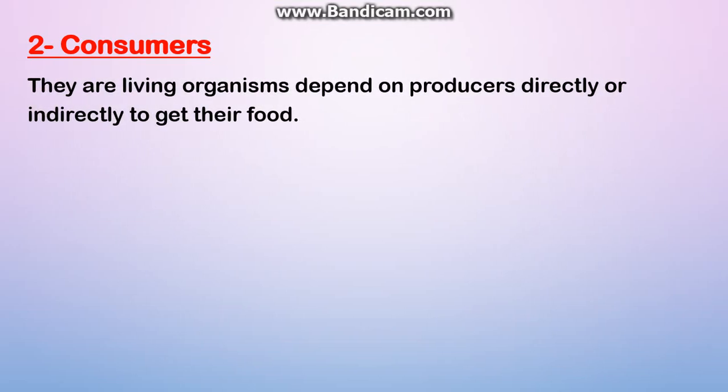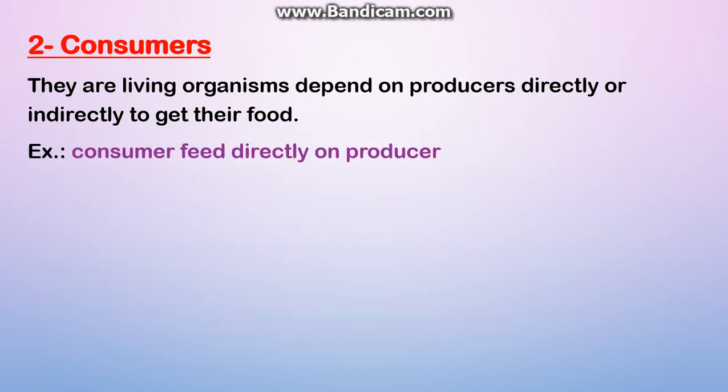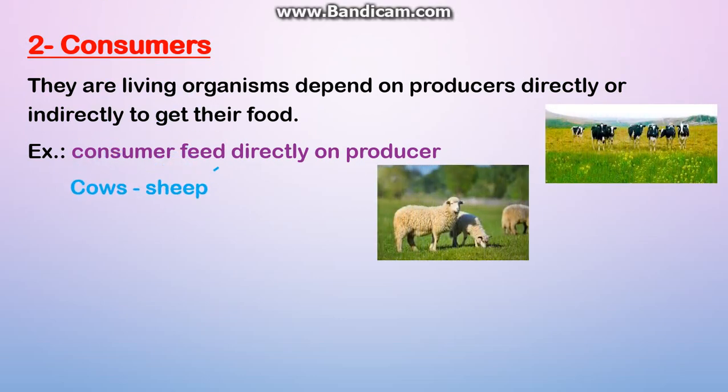Let's move to the consumers. Consumers are living organisms that depend on producers, directly or indirectly, to get their food. For example, consumers feed directly on producers, for example, cows, sheep, chickens.